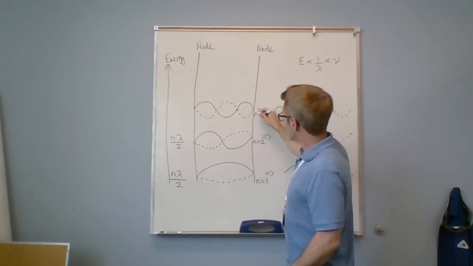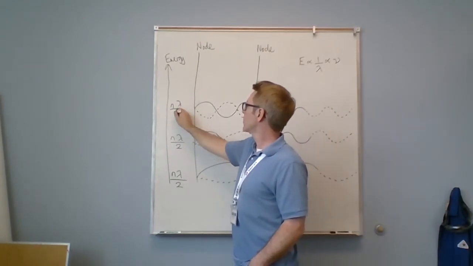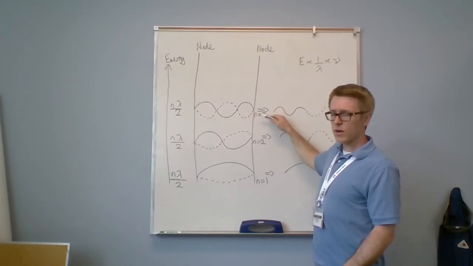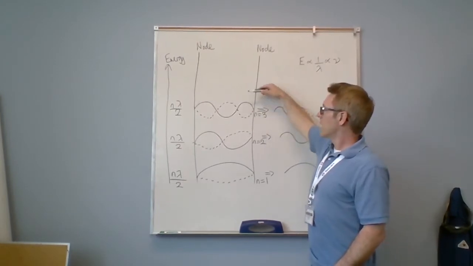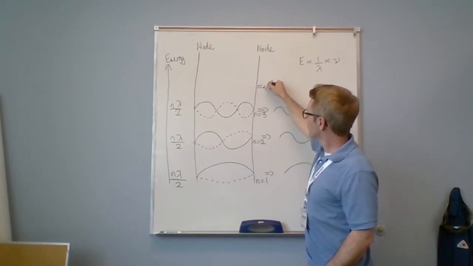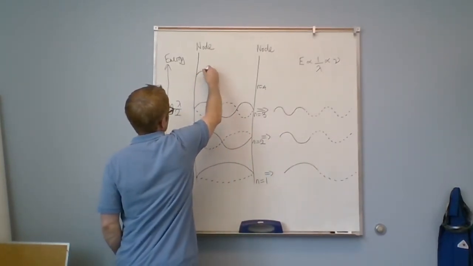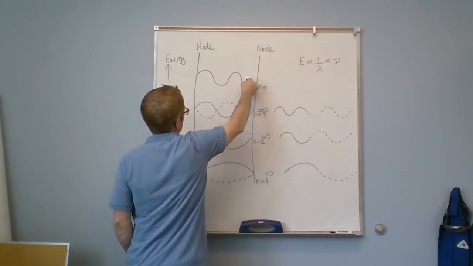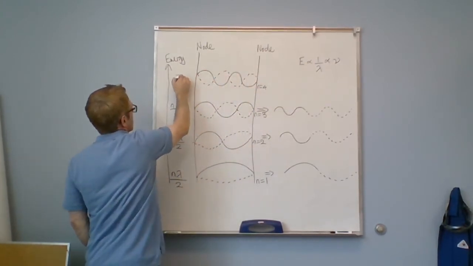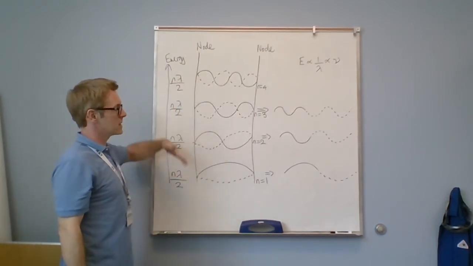If I've got n equals 3, and I follow the same formula, n lambda over 2, then I've got 1.5 wavelengths, so 3 over 2 lambda, etc. You could go on, n equals 4, n lambda over 2. If n equals 4, I have 2 wavelengths, etc.